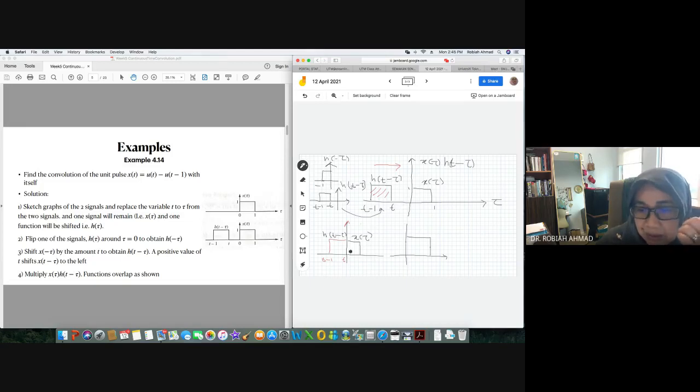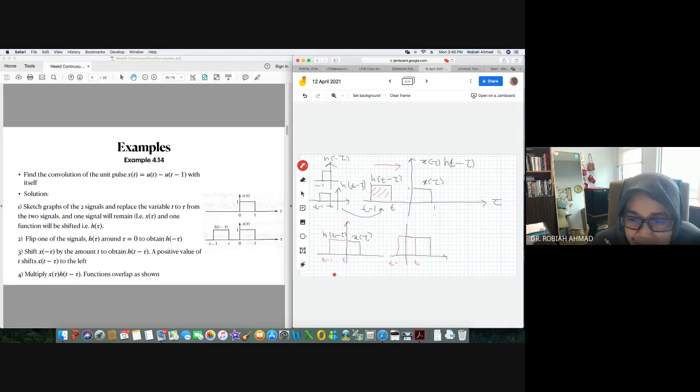And then there will be a time when they start overlapping. Let us look at how it looks. Let's say this is my other signal, it has started overlapping. T, then t minus 1.